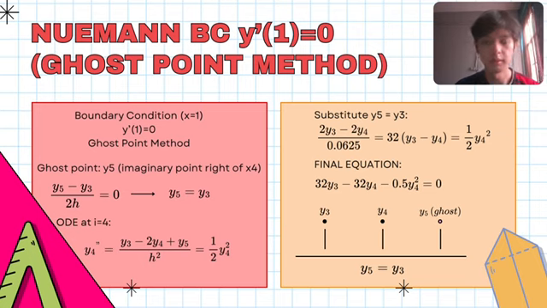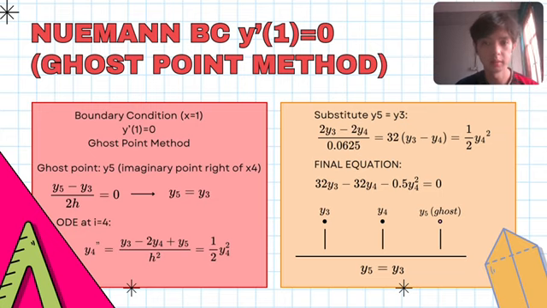Then we rearrange, we get 32 y3 minus 32 y4 minus 0.5 y4 squared equal to 0. So it is exactly the same form as the left side, but with indices shifted.